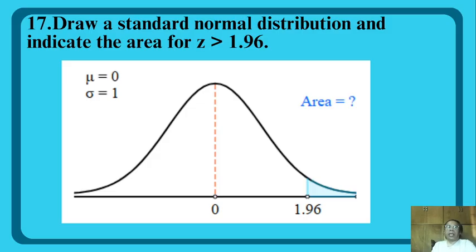The shaded portion is the area where z is greater than 1.96. Again, that illustration or that drawing can be easily taken using the link that I have provided to you.